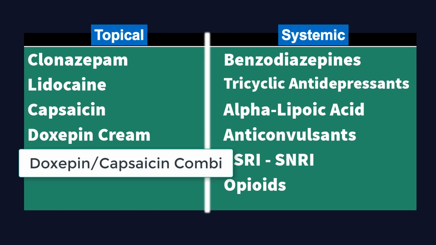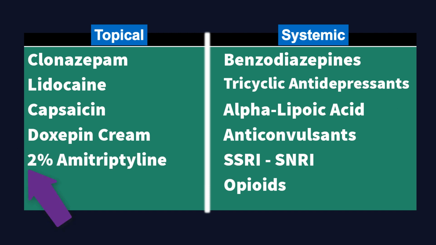Now, there's a single combination preparation of capsaicin and doxepin that actually proves very effective in various chronic neuropathic pain conditions. 2% amitriptyline can also be used as a topical agent, but most of the time we prefer the systemic use of amitriptyline.